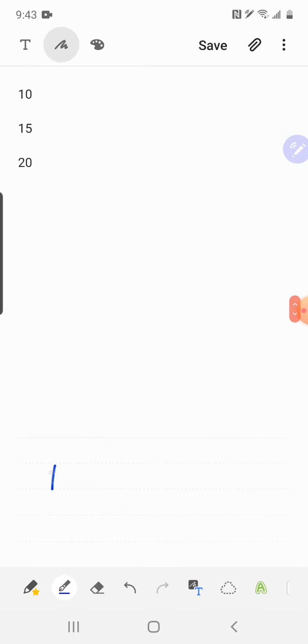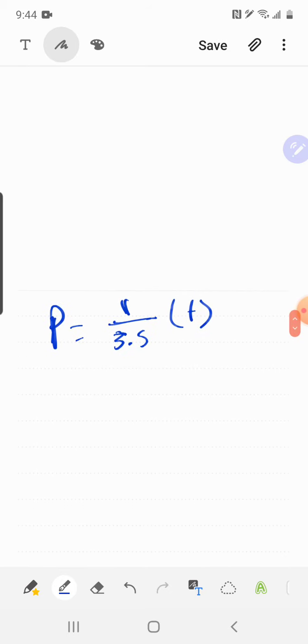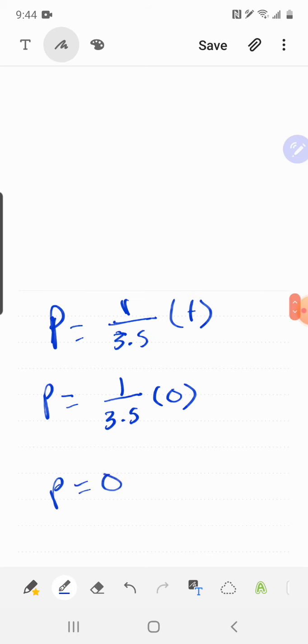So for right here, I have the equation P is equal to 1 divided by 3.5 T. If I'm saying that my first one is at 0, then I have P is equal to 1 divided by 3.5 times 0. And so when I do that, the pages typed P is equal to 0.